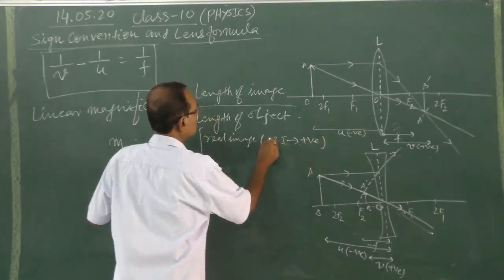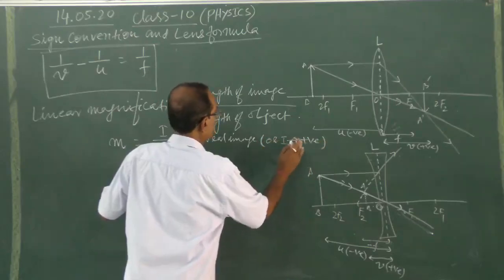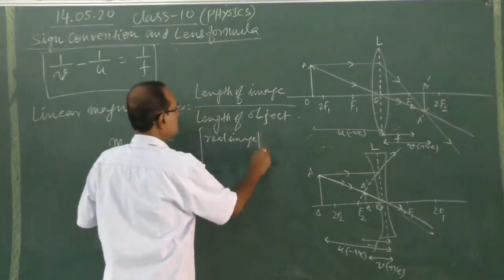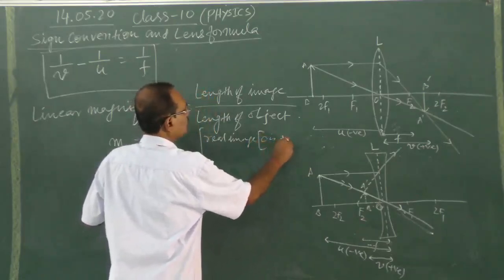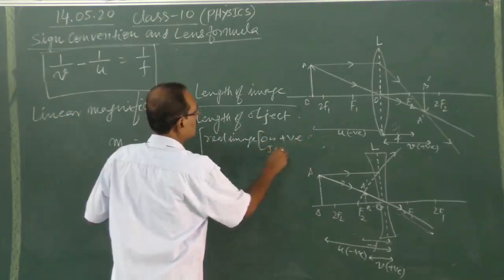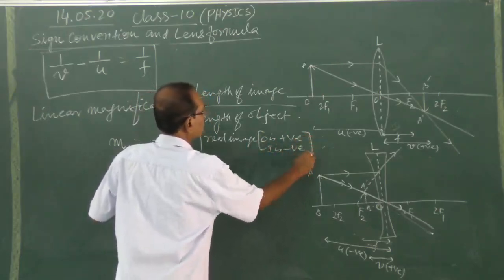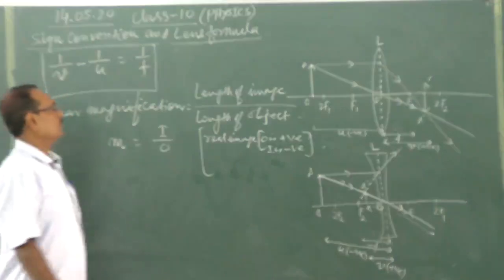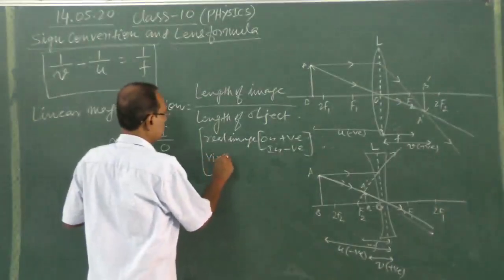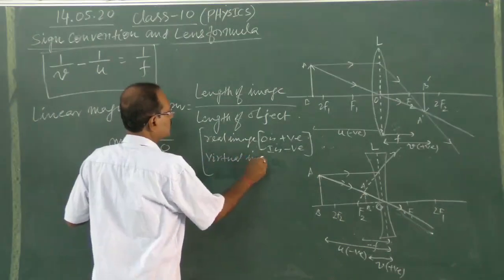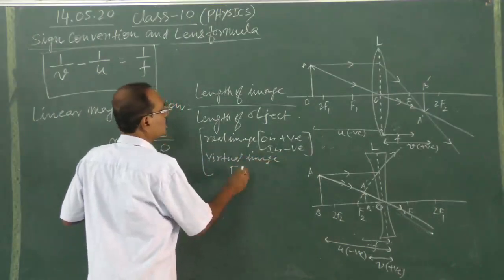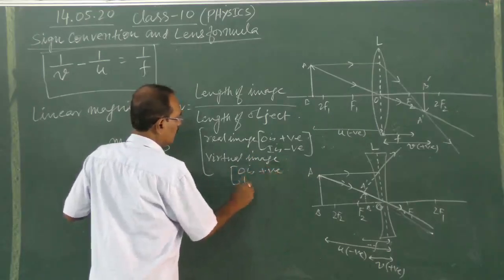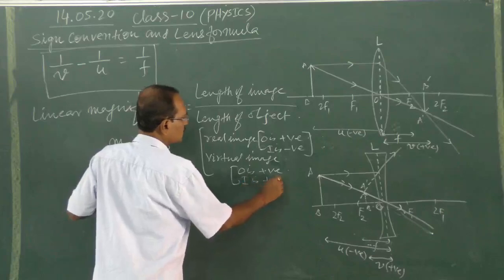For a real image, O is positive, I is negative, so the value of m will come out negative. For a virtual image, O is positive, I also is positive.